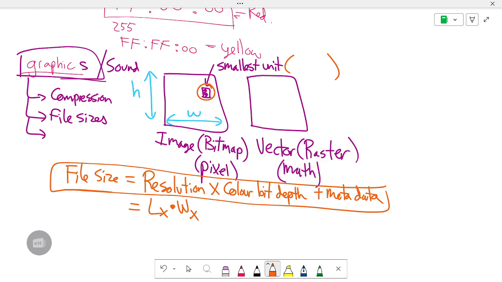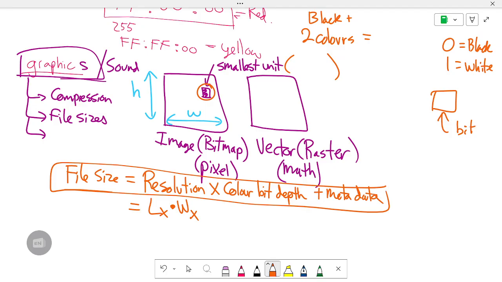And so if I have two colors, how many bits do I need to represent two colors? If I have a black and white image, how many bits do I need to represent that? What is the bit depth? Wendy? If I have black and white, how many bits do I need? I can put a 0 for black and 1 for white. Agree or disagree? One little box or one little bit can hold a 0 or a 1.